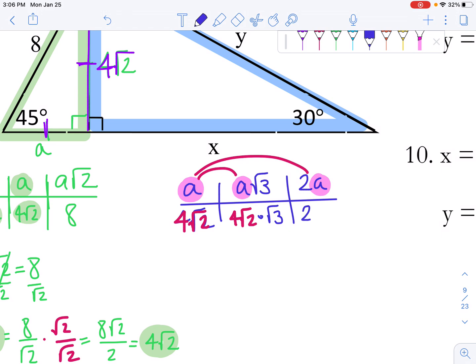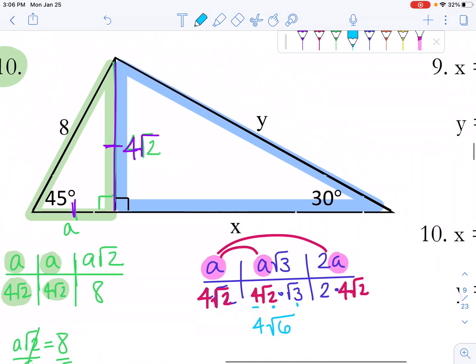And here, I'm going to have 2 times 4 root 2. Again, I took that value of A and I plugged it in wherever I saw A. So now I can just simplify. I can just multiply. So here, outside numbers are 4. Inside numbers are 2 and 3. 2 times 3 is 6. Done.